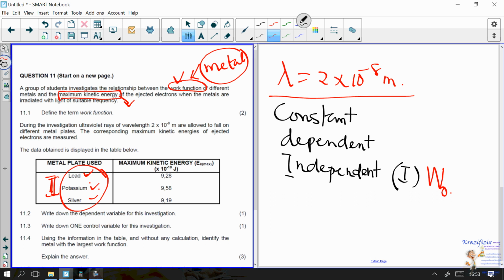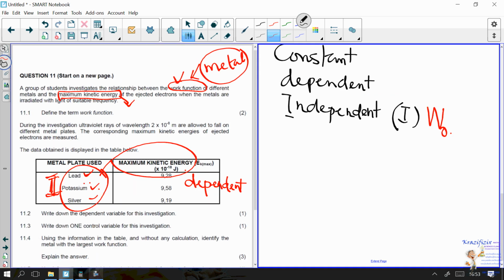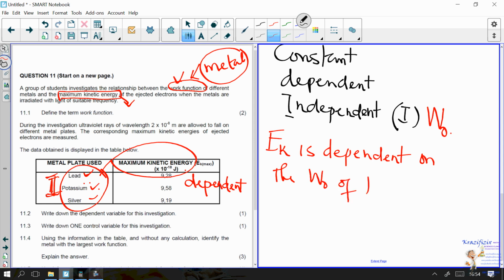Now, when I change the metal, what does it affect? It affects kinetic energy. It means my kinetic energy is dependent on the type of metal I used. I always like to write that EK is dependent on the work function of the metal. Do you see we've already answered the question?